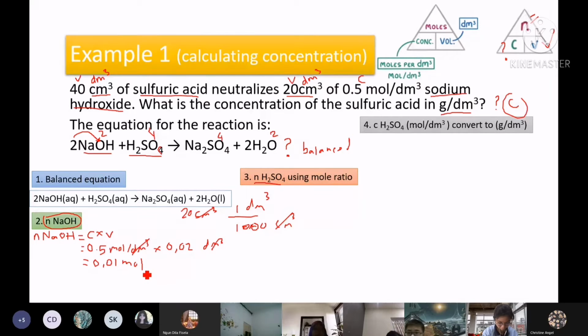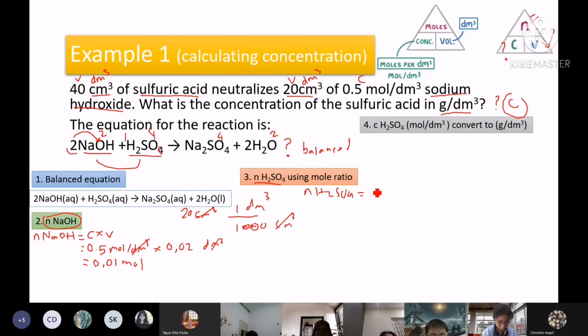And then find the mole of H2SO4 using the mole ratio. What is the mole ratio? H2SO4, we compare it with NaOH. There is no coefficient in front of H2SO4, it means 1, and 2 is the coefficient in front of NaOH.